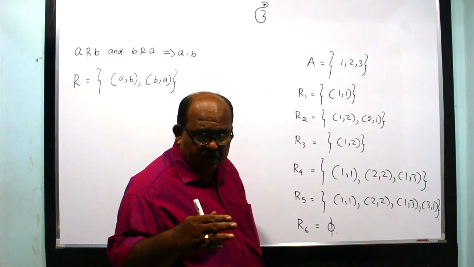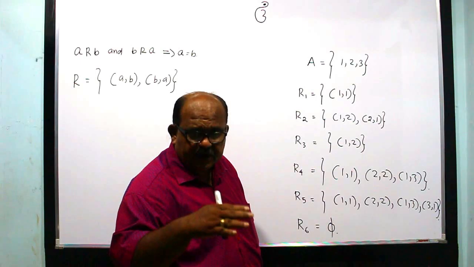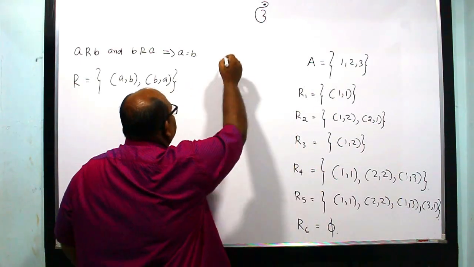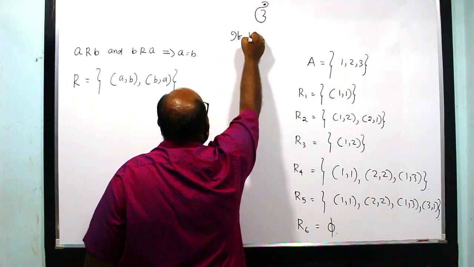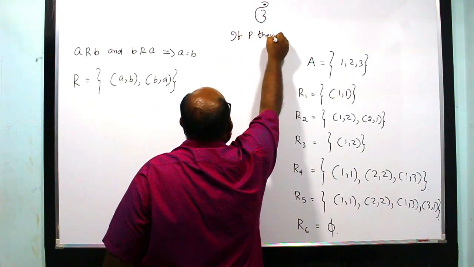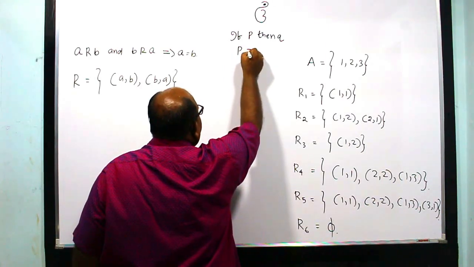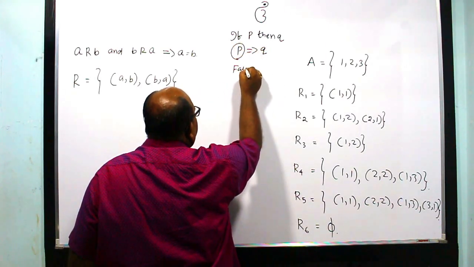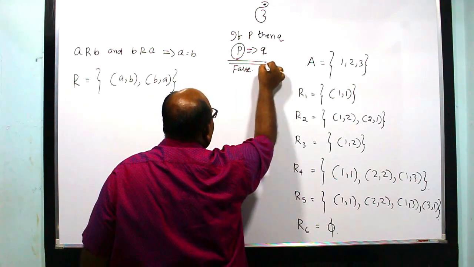In the previous class, when you studied symmetry, we discussed this logic: if P then Q, that is, P implies Q. If P becomes false, then the statement is always true.